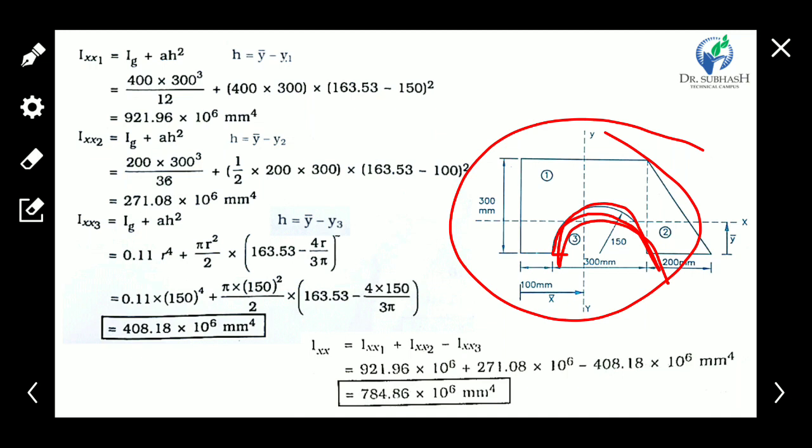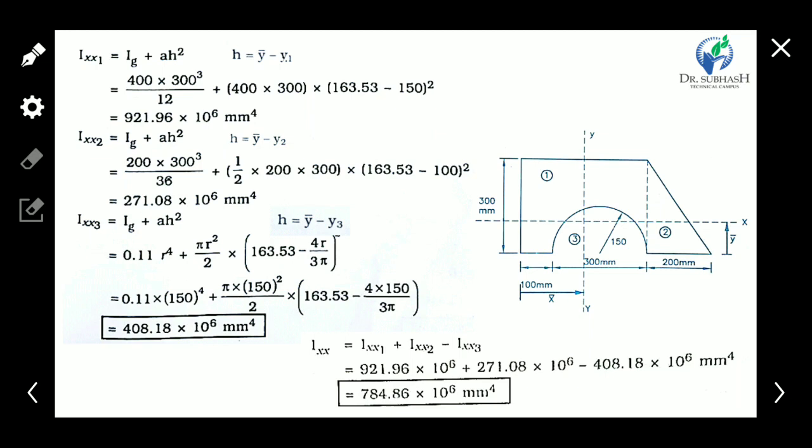So a negative sign is given for the moment of inertia of the semicircle. So the total moment of inertia of the area is 784.86 into 10 raised to 6 mm raised to 4.